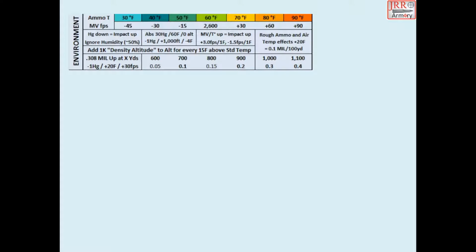Also, the changes are for every 1 inch of mercury or 1000 feet, and the temperature drops by 4 Fahrenheit for every 1000 feet. Another rule of thumb is that for every 1 degree Fahrenheit up from standard, the muzzle velocity goes up by 3 feet per second, and for every 1 Fahrenheit down, the muzzle velocity drops by 1.5 feet per second.